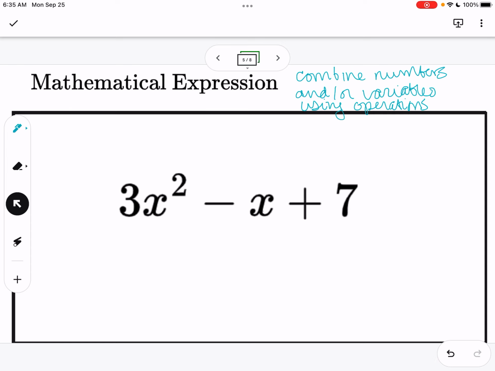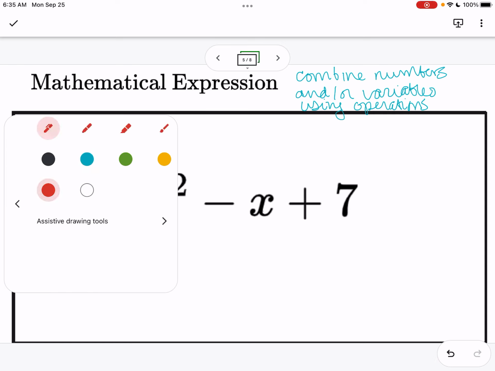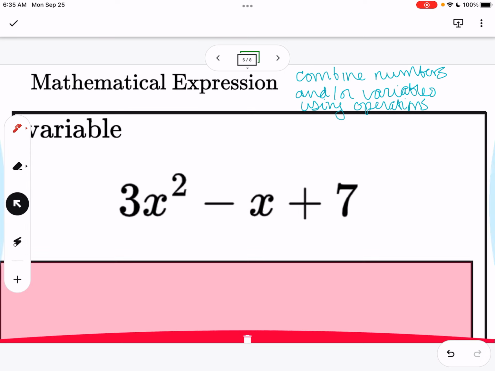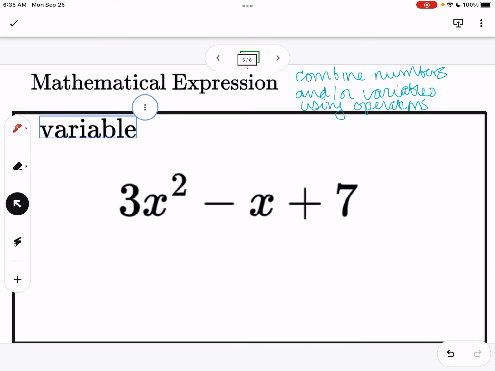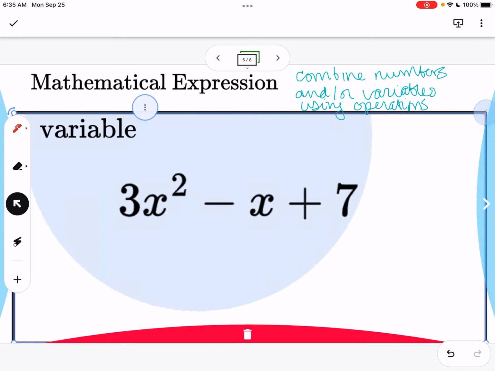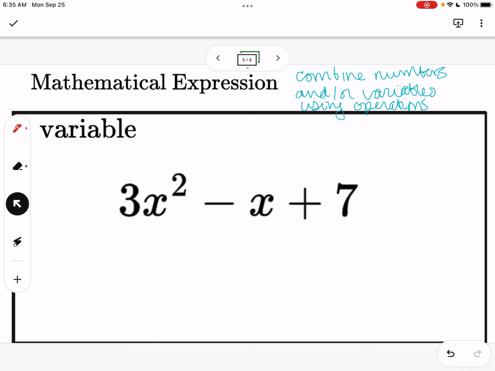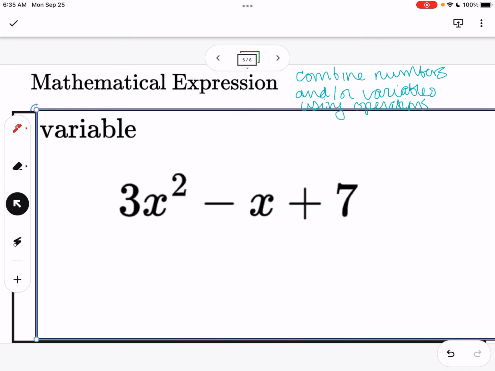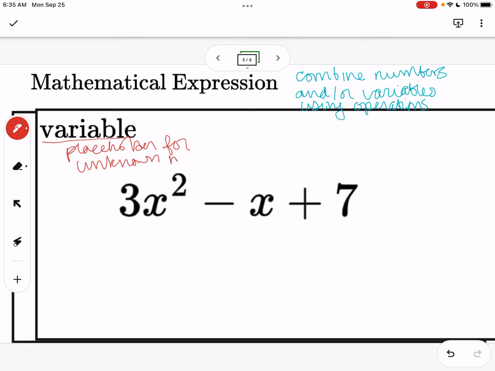So some terminology when we talk about expressions. So the variable is a placeholder for an unknown number. So in this example, x is our variable.